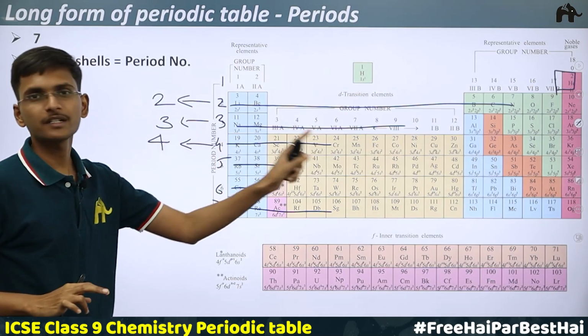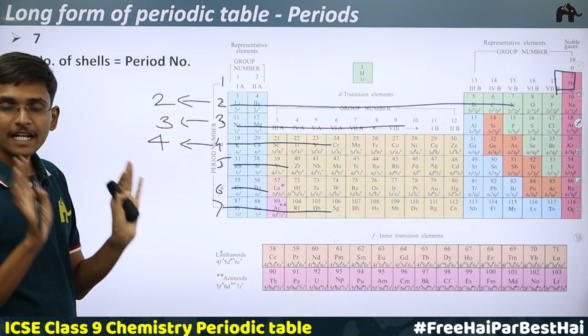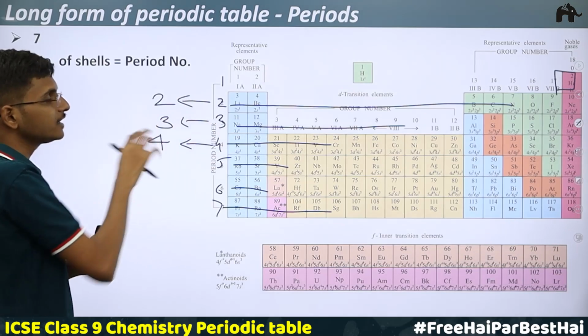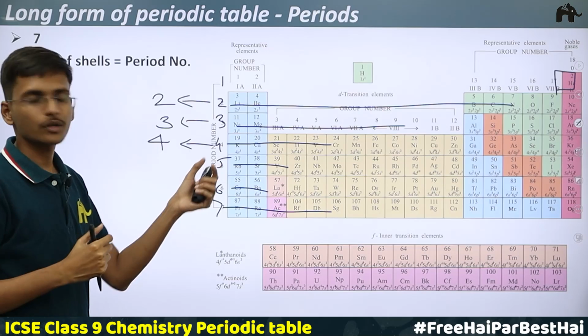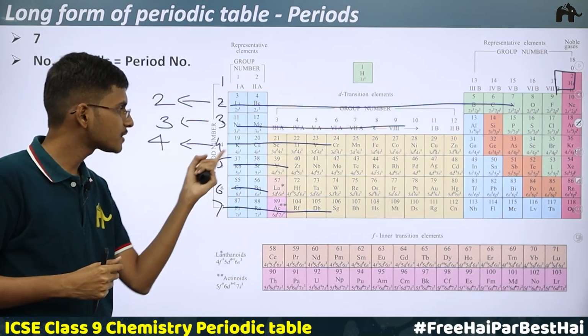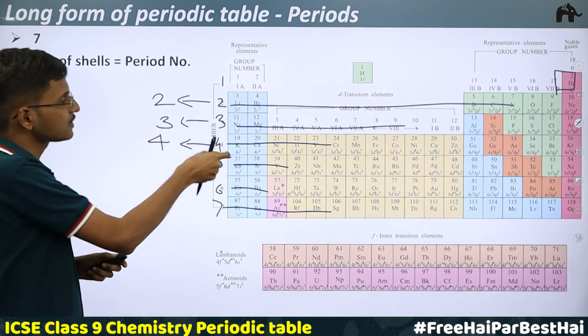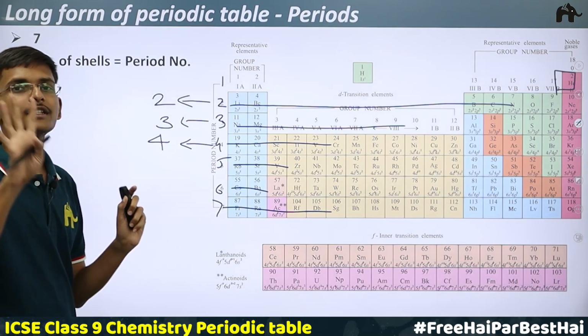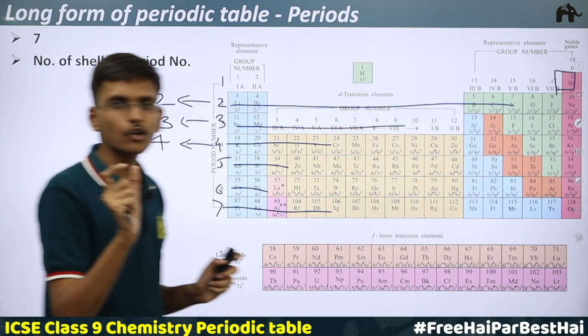Here all the elements present in period number 3, their atoms would have electrons filled in their first 3 shells. Similarly, the atoms of all the elements present in period number 4 would have electrons filled in their first 4 shells. Clear? Got this very simple analogy?